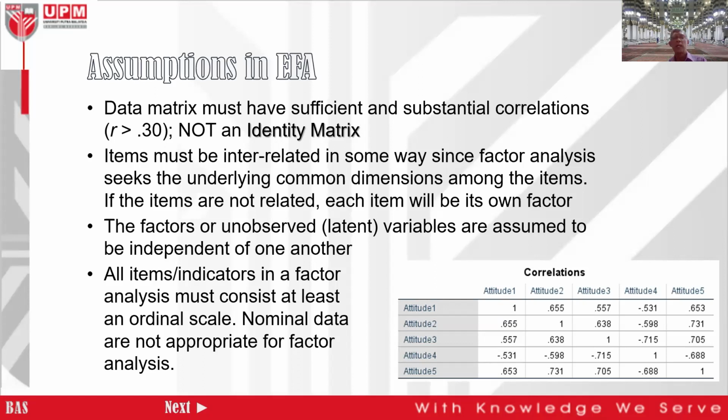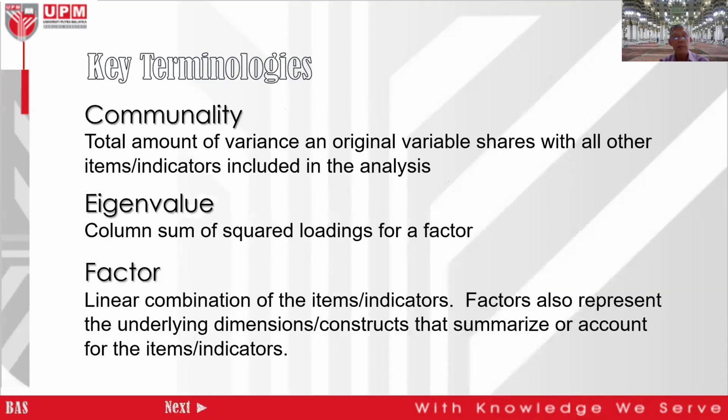So the minimum is ordinal scale, but we cannot run factor analysis if it is nominal scale. You can also go for interval or ratio scale. That is the type of scale accepted in your EFA.